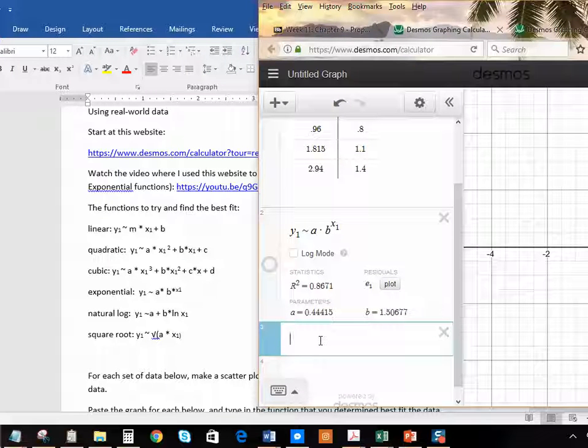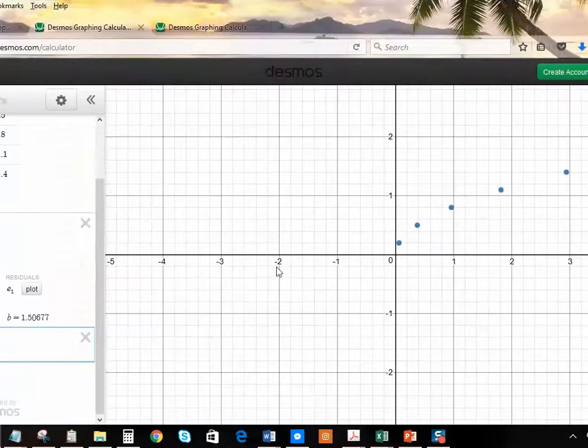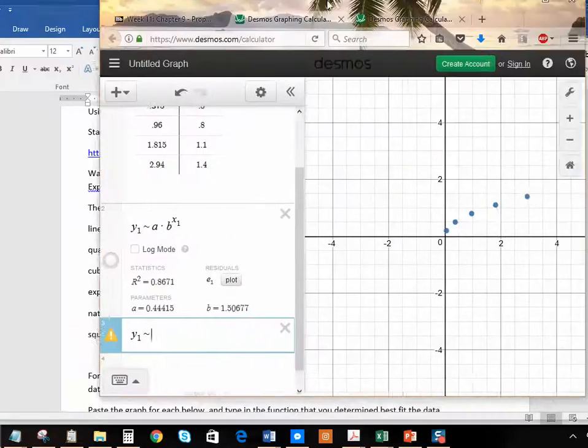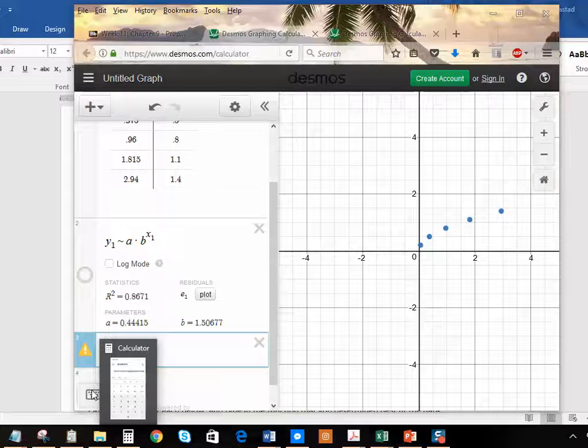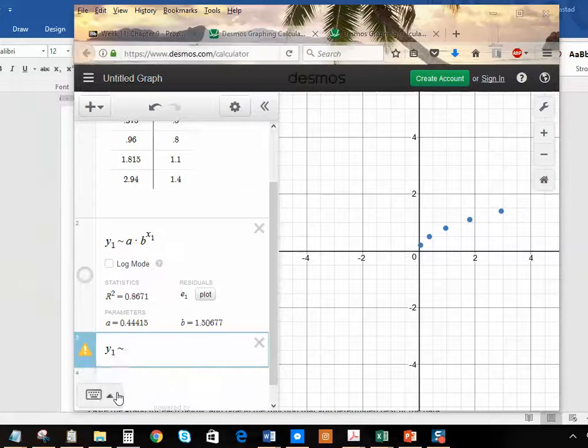All right, so for this one, I want to try the square root function. So again, y1 is similar to square root. Now, for the square root, where do you get that function in Desmos? I think we need to open up our keyboard here.